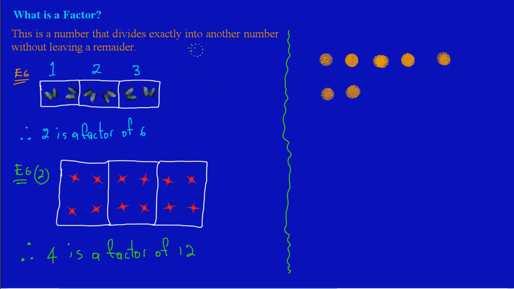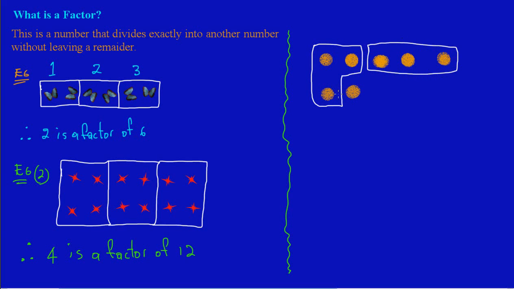Let me try. I would have to divide my oranges into groups of 3s, where all groups should have 3 oranges in them. This is one set of 3s: 1, 2, 3. That's one set of 3s, and this would be another set of 3. But when you look here, I have 1 left over.